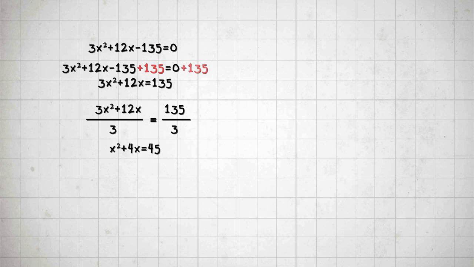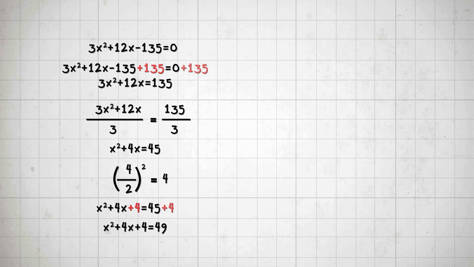Now is the part where we have to complete the square, meaning we have to add a constant term on the left side to produce a perfect square trinomial, and of course, what we add to the left side, we also add to the right side. So how do we know what to add? We take the coefficient of x, which in this case is 4, then we square its half. The result is what we add to both sides of the equation.